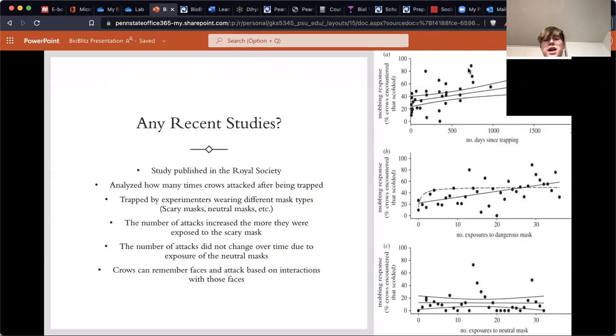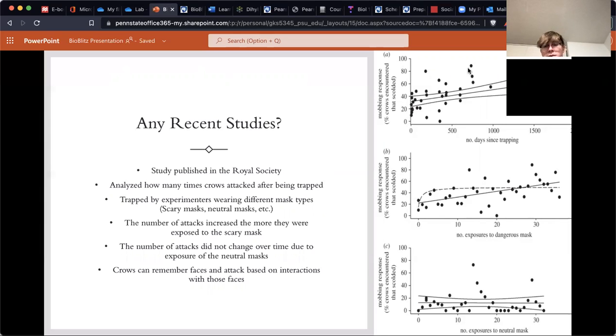And they studied how the crows responded in returning with their groups to mob and attack the person with that mask. And they found that the number of attacks increased over time when they were exposed to the dangerous mask, and it increased even more the number of times they were exposed to that mask.